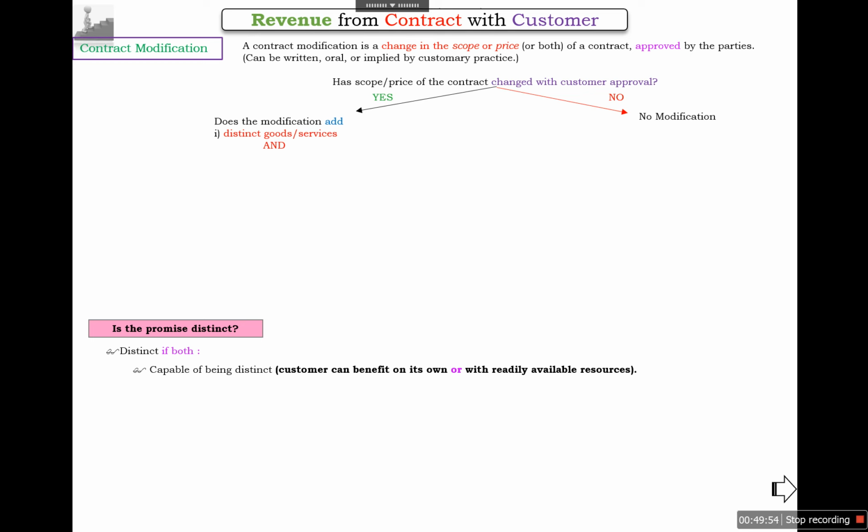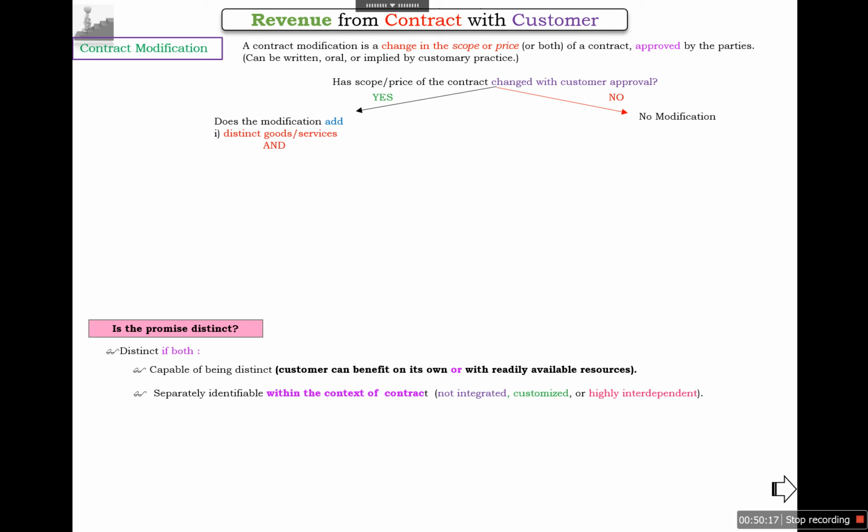So those 10 laptops can be used by the customer on their own. It is not linked with the earlier supply. So it will be called distinct. And it is distinct if it is separately identifiable in the context of the contract.